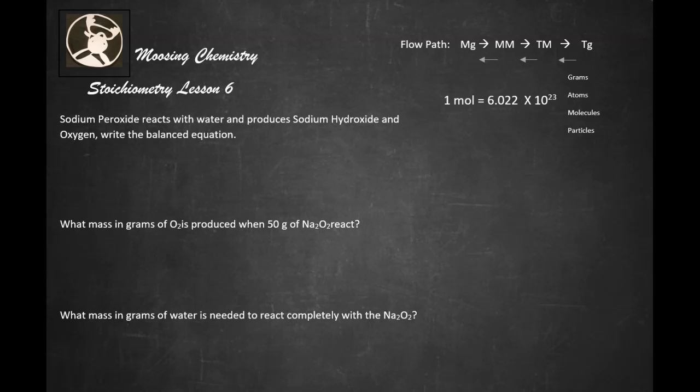Sodium peroxide reacts with water and produces sodium hydroxide and oxygen. Write the balanced equation. All right, well, sodium peroxide is going to be Na2O2. You think it would be Na2O, but no, it's Na2O2. Reacts with water, H2O.